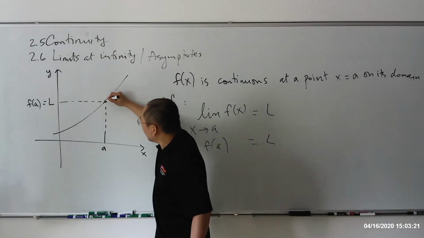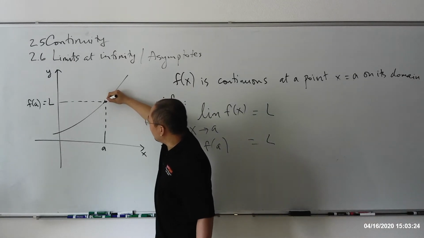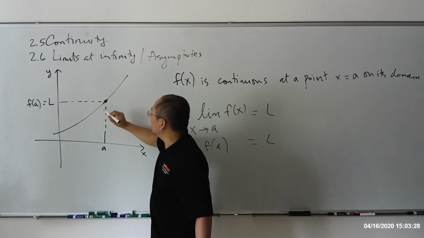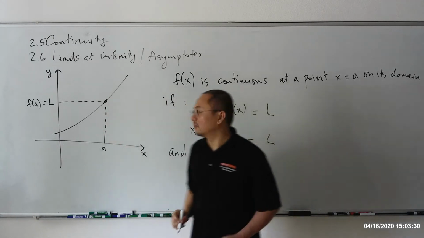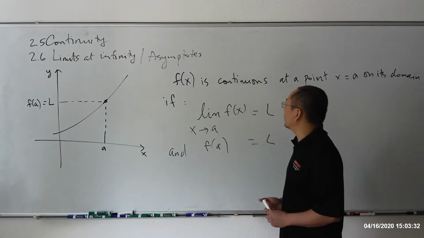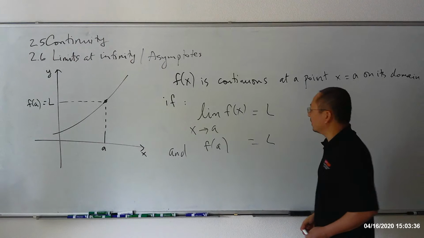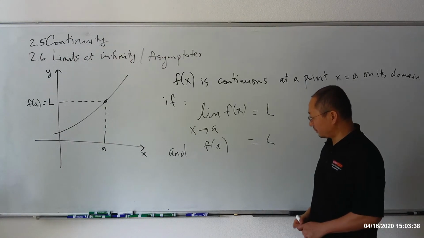Intuitively, being continuous at a point means you can have a little short curve that moves to the left or right from that point. If that happens, we say f of x is continuous at the point x equal to a, and that point has to be in the domain.